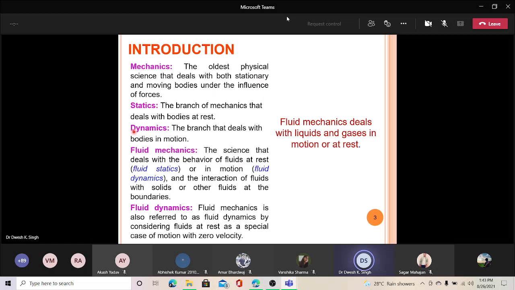Static and dynamics differ from the point of view of their governing equations. If it is static, then velocity will be zero. If it is dynamic, meaning it is in motion, there will be terms like velocity, acceleration, all this. So fluid mechanics deals with both.